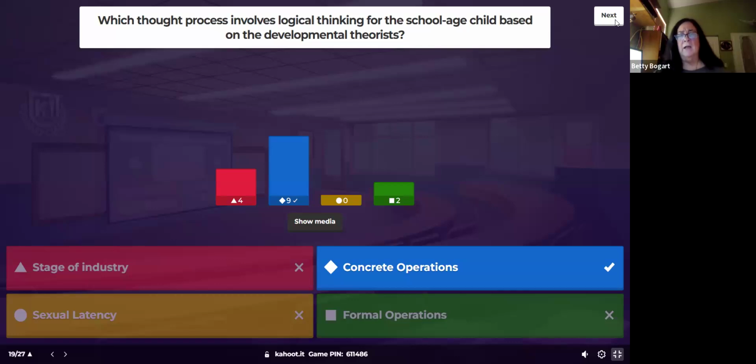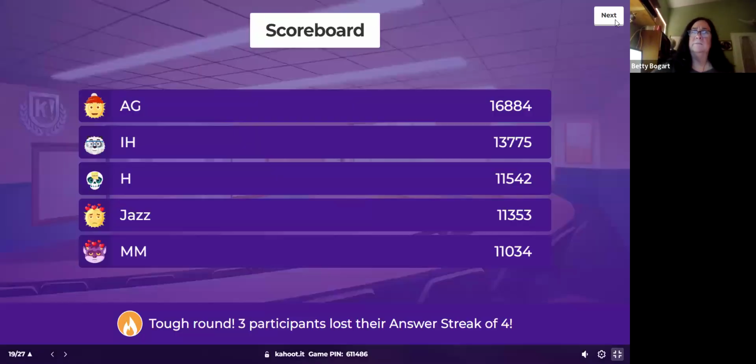That's concrete, okay? Yes, they are at a stage of industry. They do things well, but it's not the way they think. This is the way they act toward people around them. That's psychosocial. And then formal operations is your adolescence. They can figure it out themselves.